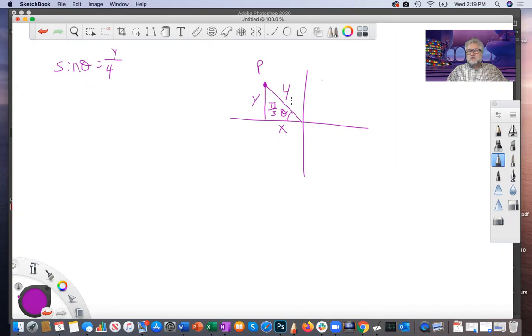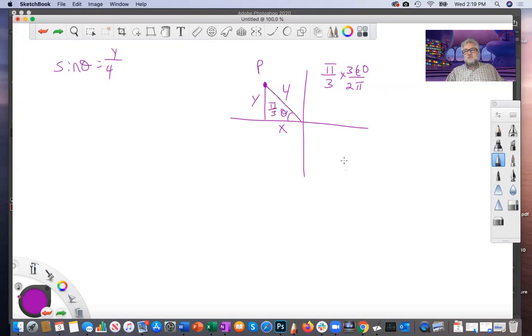You can switch your calculator to radians and this will work fine, but I'm going to switch to degrees. So this would be 360 over 2 pi. I do it this way because I want the radians to cancel so I can get degrees out. You can do it that way.